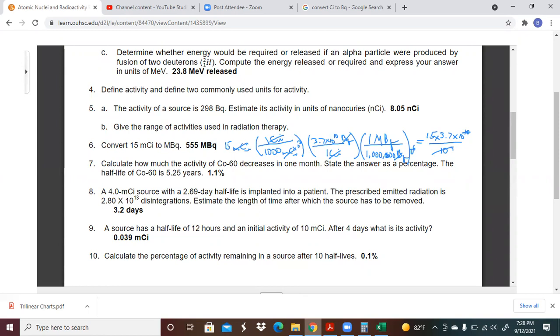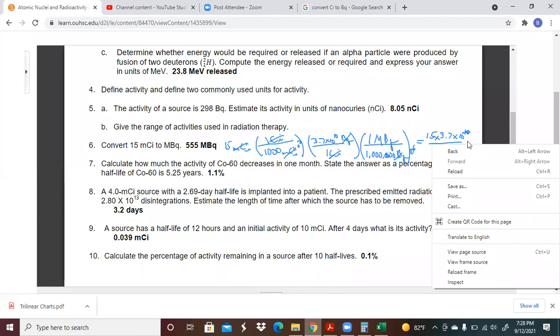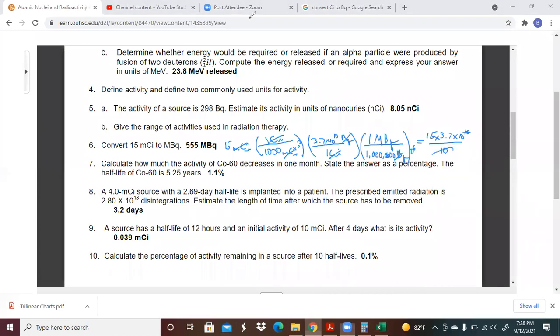So don't forget, I'm not going to forget the unit here. It's 555 megabecquerel. Okay, not too bad so far.